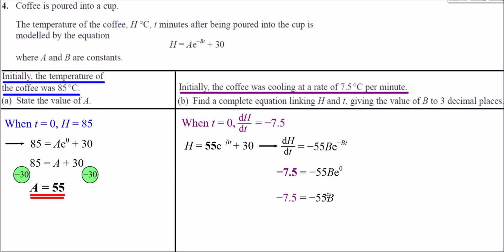Final step, if we divide by minus 55 to isolate b, b is going to be minus 7.5 divided by minus 55, which as an exact fraction is going to give us 3 over 22, but because we want b to 3 decimal places, we're going to round it off to 0.136.